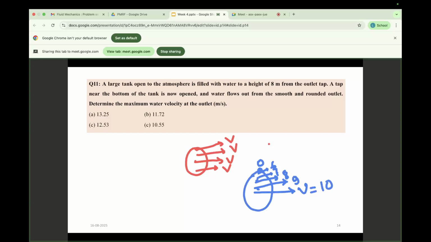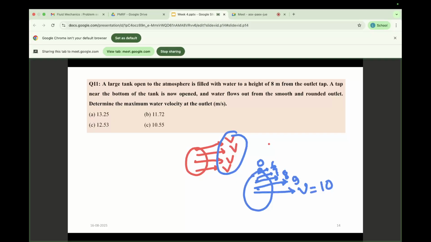So the velocity will change. In the general scenario, I consider the flow to be uniform, which means at each and every point the velocity is v. But if it is rough or has some friction, then the velocity is changing. So we have to take the average or even do integration. Why do we do integration?